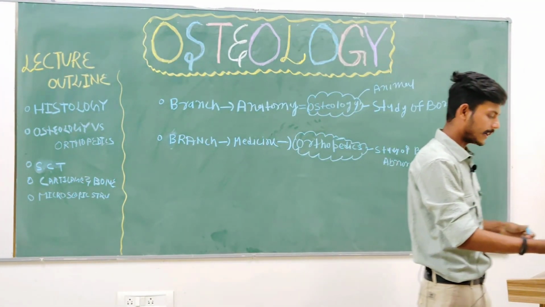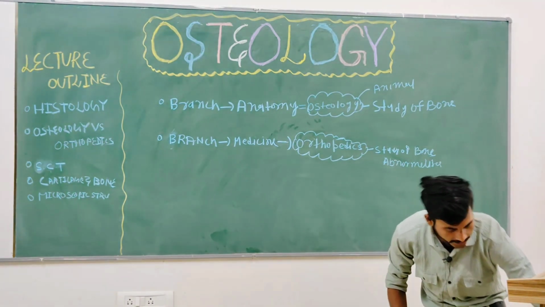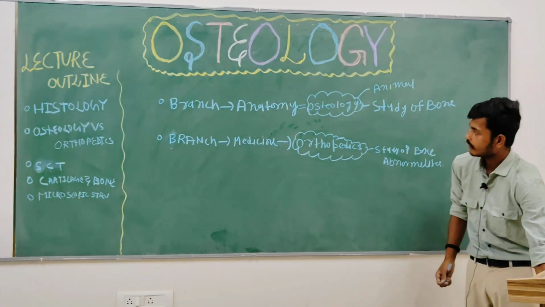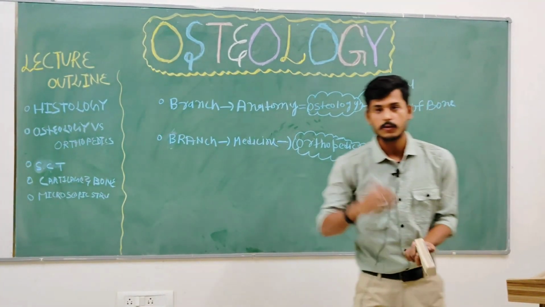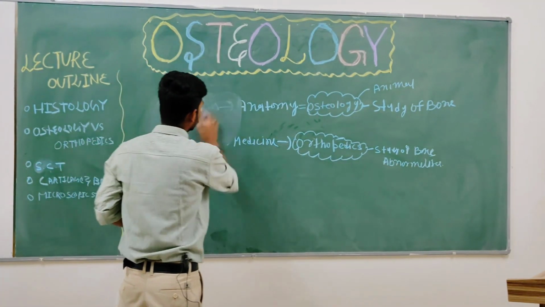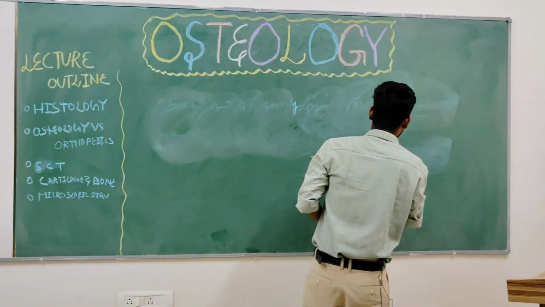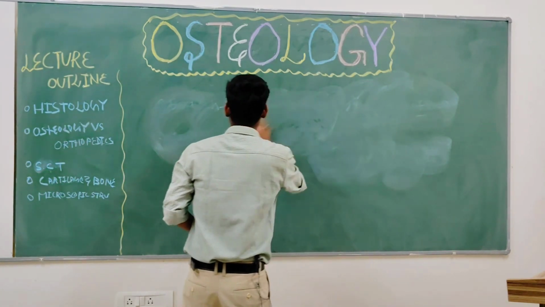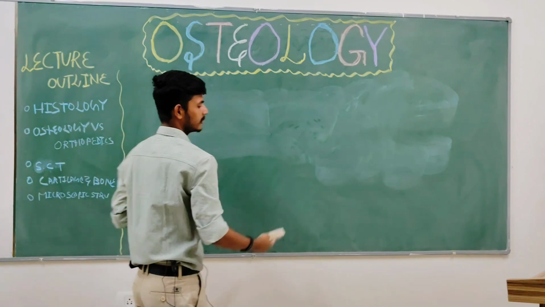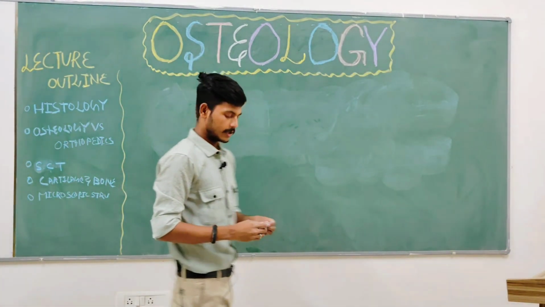Now, once we have defined the meaning of osteology and orthopedics, we move ahead and describe histology. Now you tell me, what is meant by histology? Today's session is very basic.